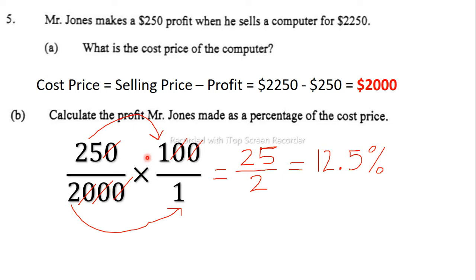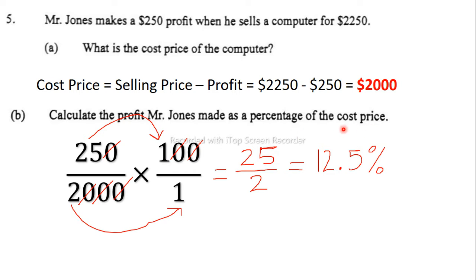Because they say your profit as a percentage of the cost price, and this is the cost price. You see what I'm saying? So that's why we put it there. But then the price above it would be something different. Yeah, but it's the profit, right? We want the profit over the cost price. That's why they say calculate the profit as a percentage of the cost price.